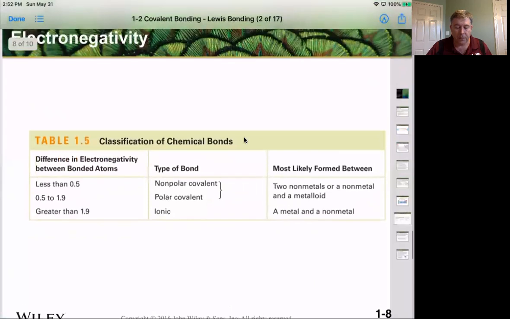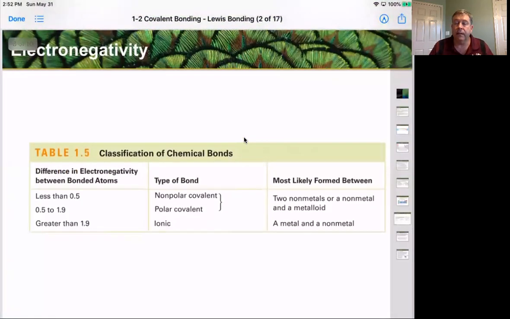Okay, so if the difference in the electronegativity is less than 0.5, that means we're going to have a non-polar covalent bond. Now think about it: they both kind of want to tug on the electron the same amount, so they're just going to push and pull, we're just going to share it, it's going to be fine.